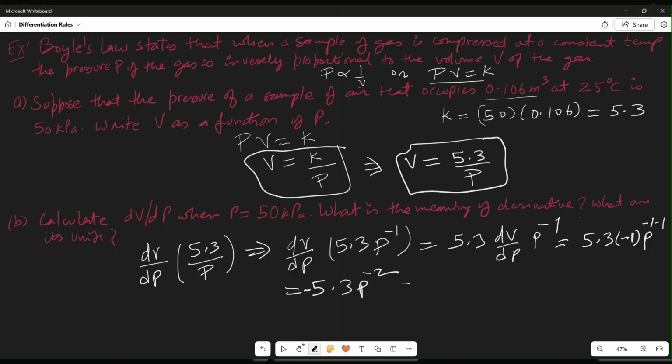You can simplify this as negative 5.3 over P squared, where P is 50 kilopascals. Using a calculator, this is equal to around negative 0.00212.